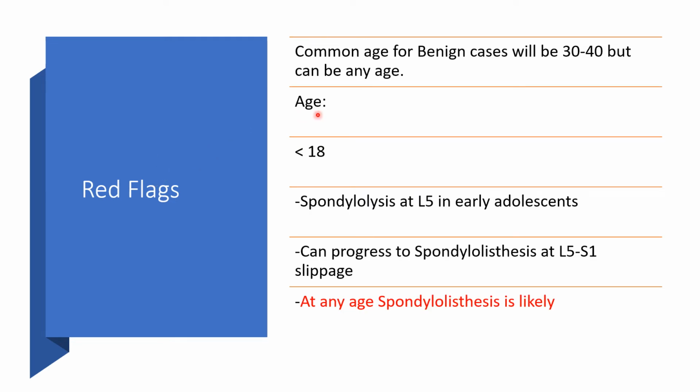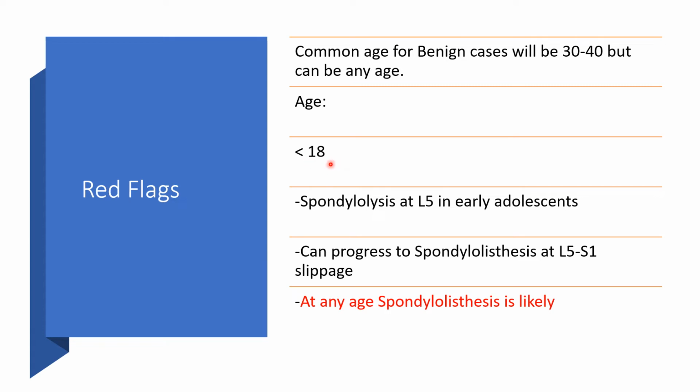Another red flag will be the age at presentation. Anyone less than 18 will give us a big concern. The reason is the common age for benign cases will be 30 to 40, although benign cases can occur at any age.